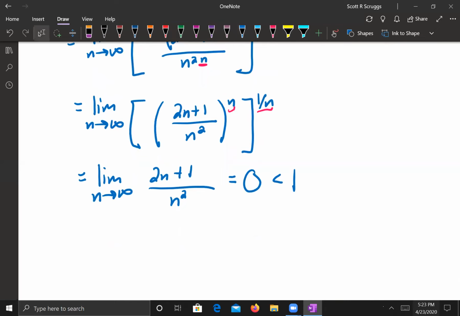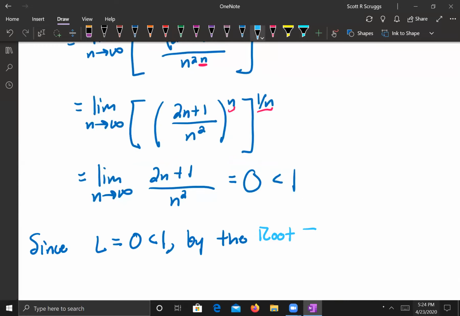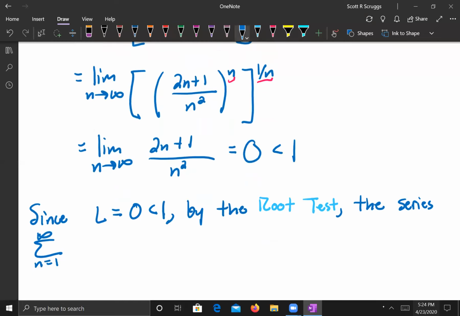So now I can write my conclusion. Since L equals 0, which is strictly less than 1, by the root test, the series sum from n equals 1 to infinity of 2n plus 1 to the n divided by n to the 2n power converges.